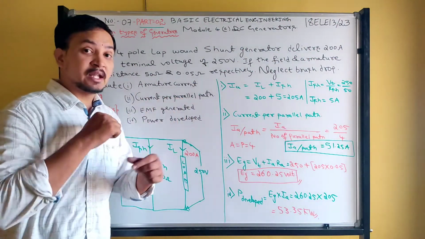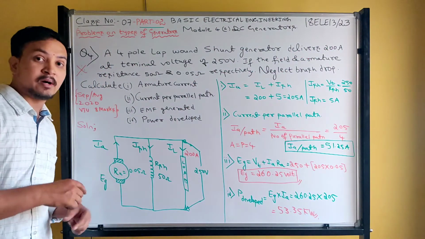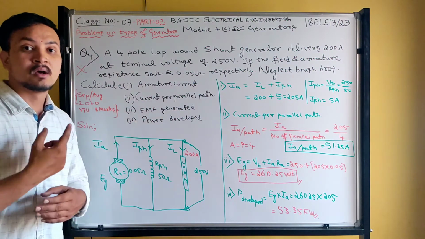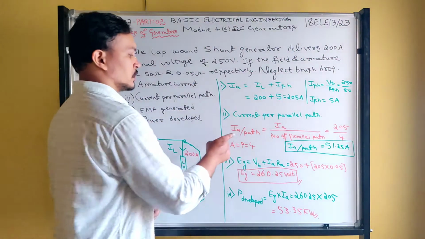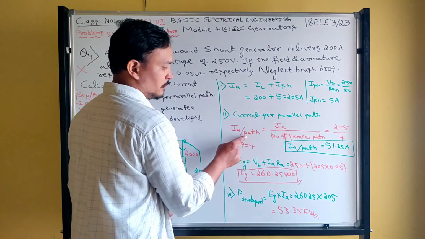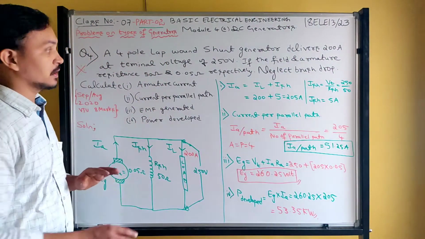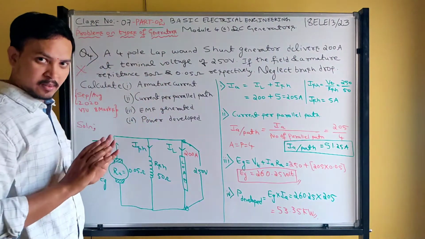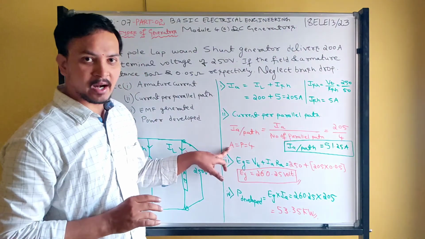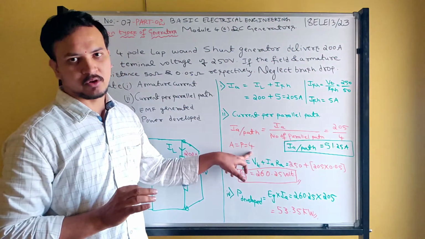See, where the winding is done, in the armature. The number of parallel paths is in the armature windings, so you should take the current as armature current. So armature current per path is equal to armature current divided by number of parallel paths. Since it is a lap wound machine, in lap winding the number of parallel paths, denoted by letter A, is equal to number of poles.